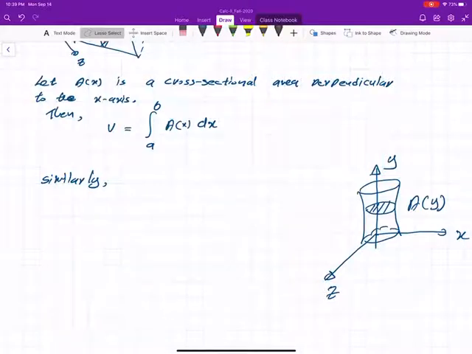And let me write down the formula for this case.